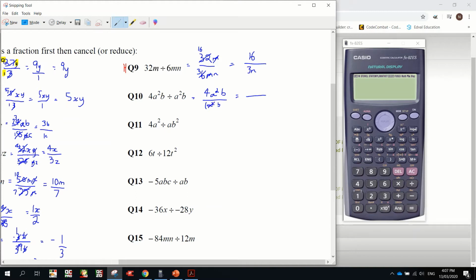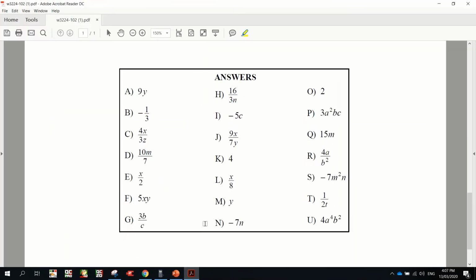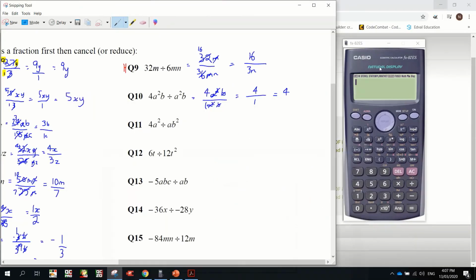Let's look at our letters. A squared and A squared can go, and B can go. So we're left with 4 and 1, which is really just itself, 4. Let's have a look if there's a 4 on the answer sheet. There it is.